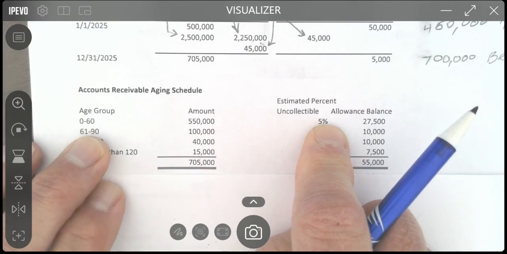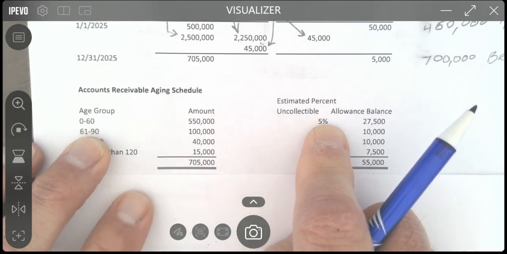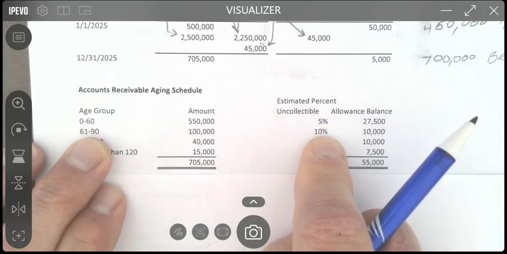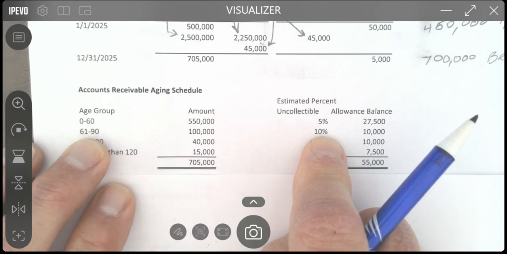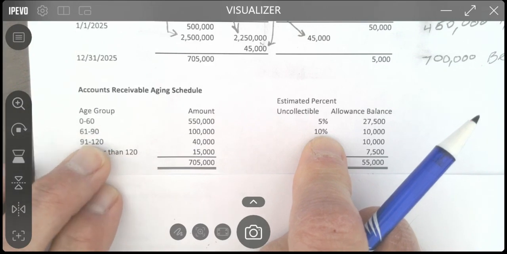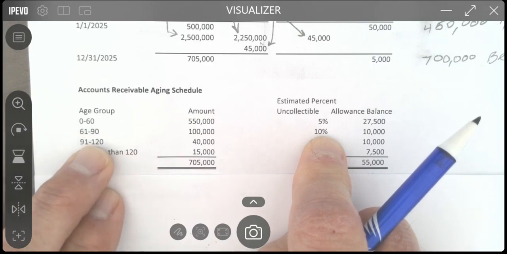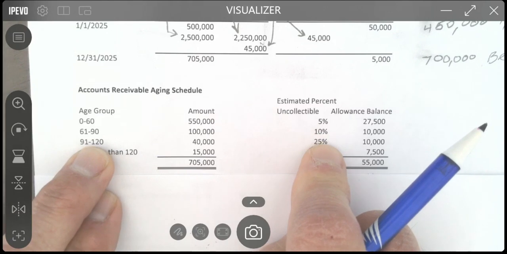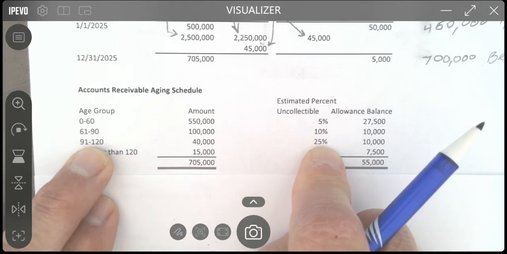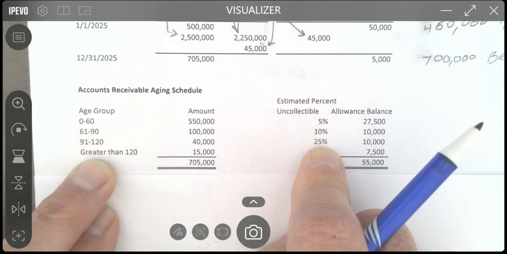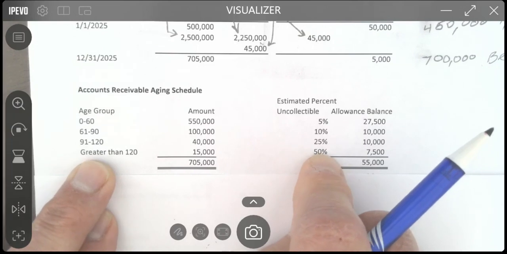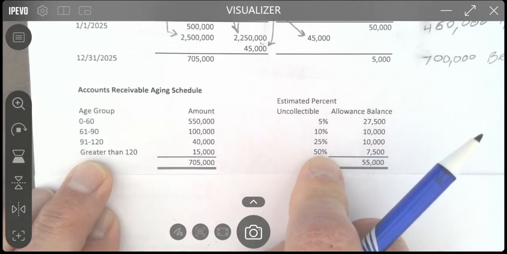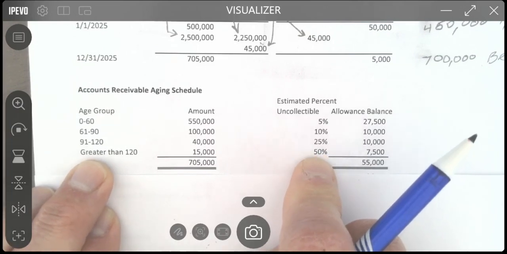If it's 61 to 90, maybe there's a problem. 10% of those will ultimately prove uncollectible. If it's been out over 3 months, but 3 to 4 months, 25% of those will prove uncollectible. And if it's greater than 4 months, it's about a half chance we'll never get the cash.